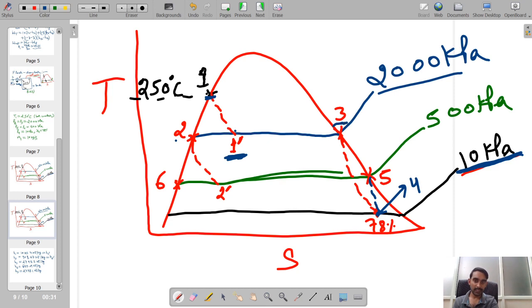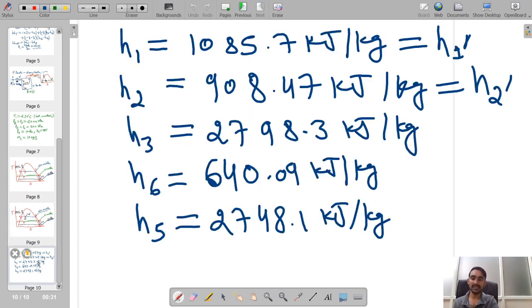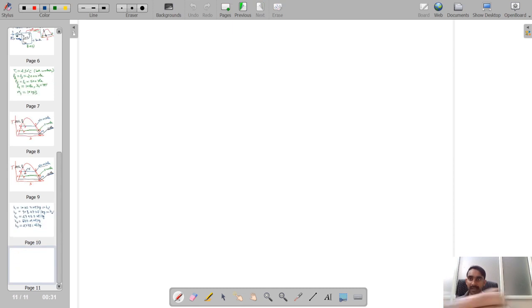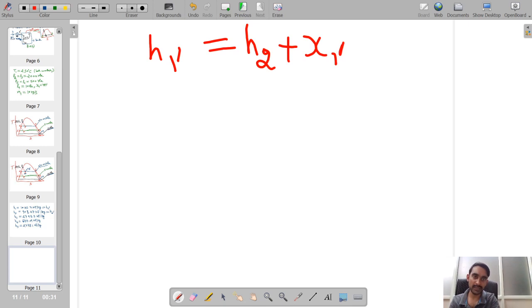If the quality at point number 1 dash is X1 dash, I can write the expression of enthalpy: H1 dash will be equal to H liquid, which is H2, plus X1 dash into vapor minus liquid.